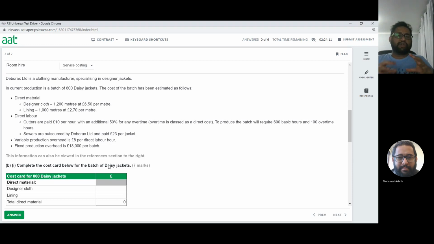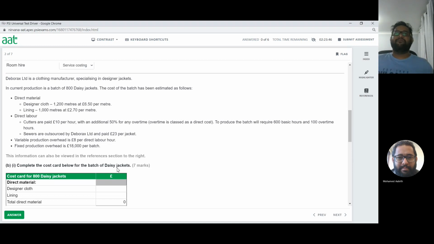When it comes to marginal costing, it's just all your variable cost. But when it comes to absorption costing, you're going to add all your variable costs together with any fixed production cost. If you have non-production cost, it will not be included in there. Only the fixed production cost will go together with your marginal cost to give you the total absorption cost.